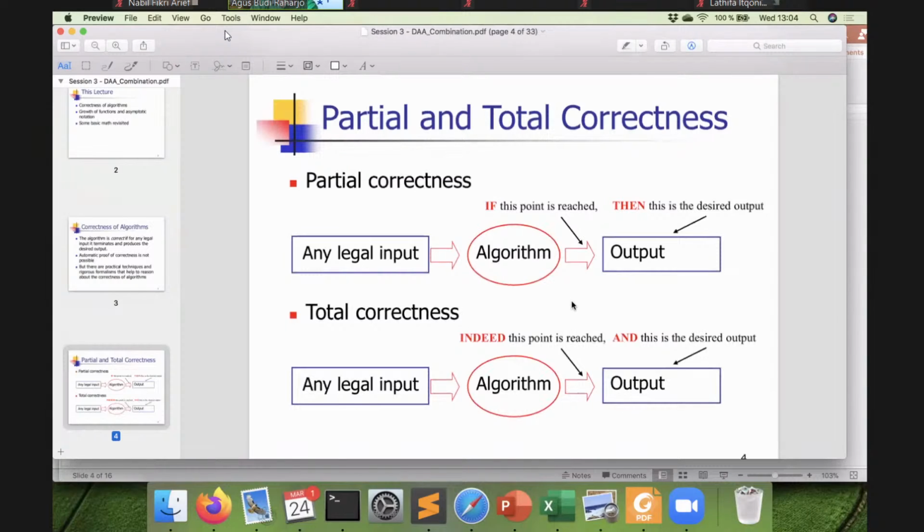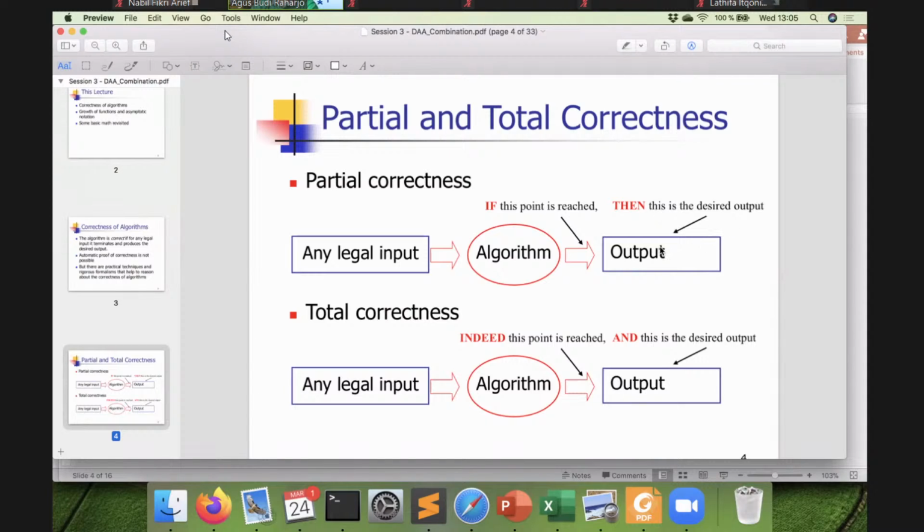This one is partial and total correctness. I didn't explain it yet. Partial correctness, what does it mean? If any legal input is given to the algorithm's execution, there is a branch. If this point is reached, then this is the desired output.